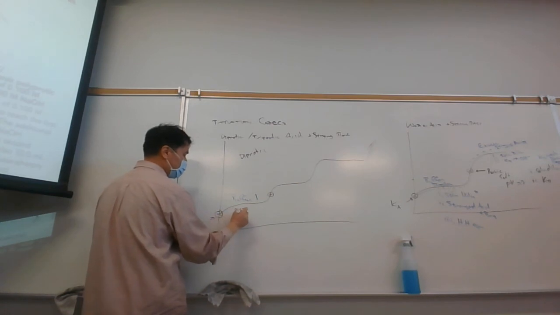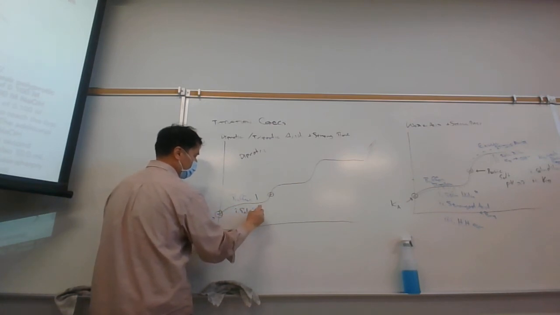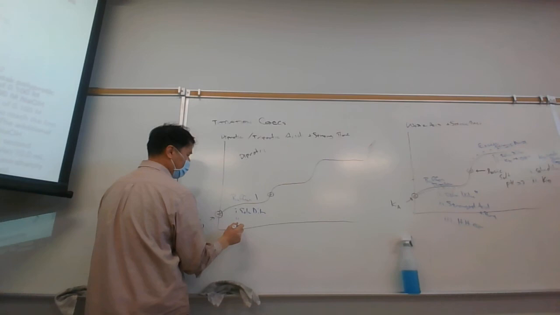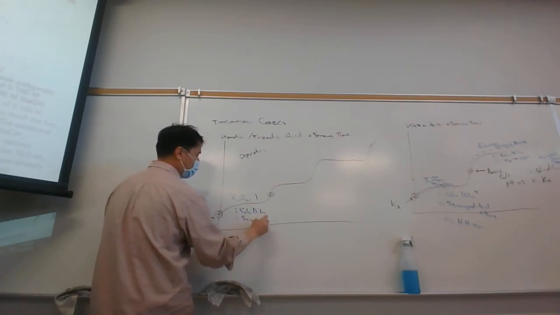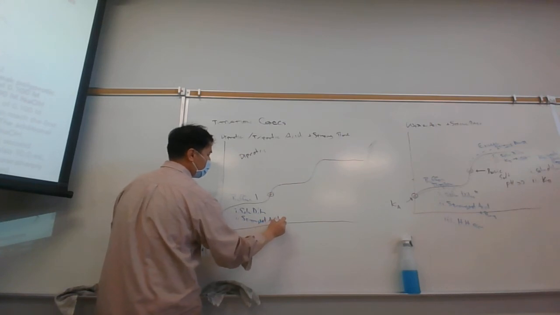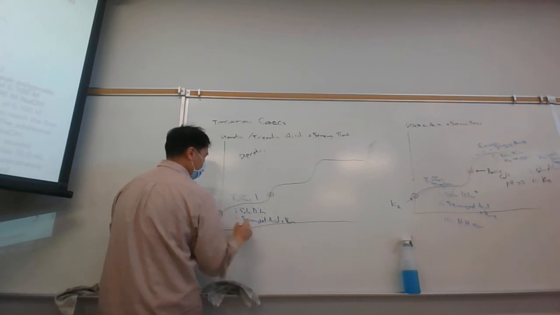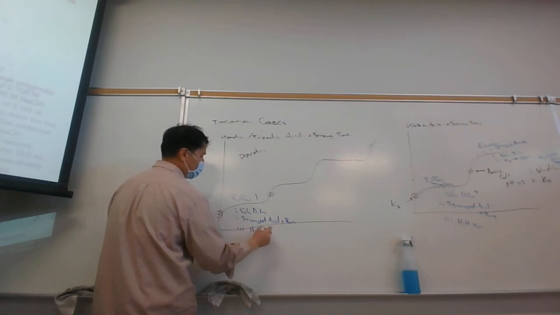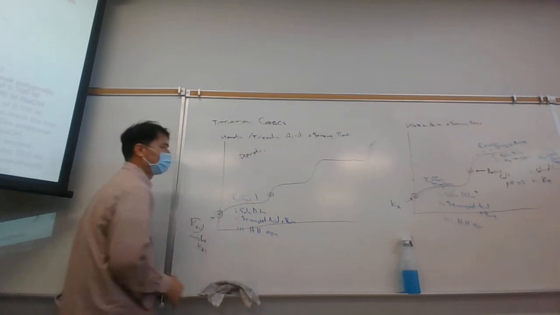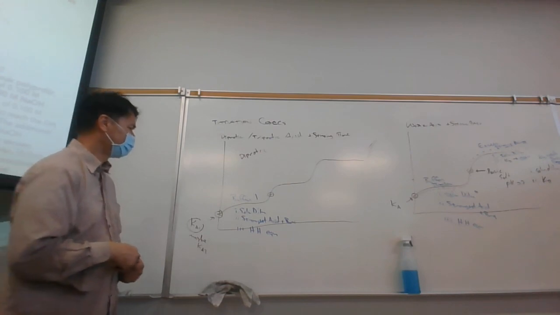So the first step is solution dilution. And the second step is strongest acid plus strongest base. And the third step would be the HH equation, although I'm going to label the steps a little bit differently.